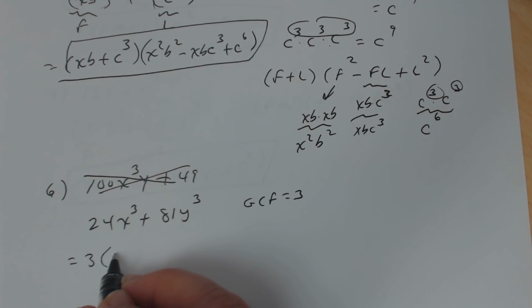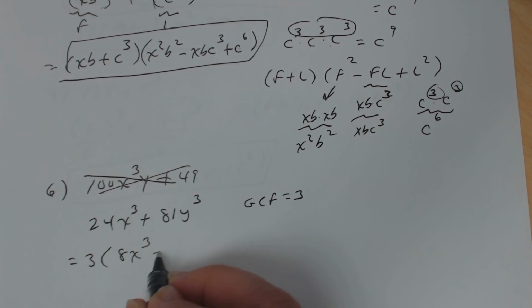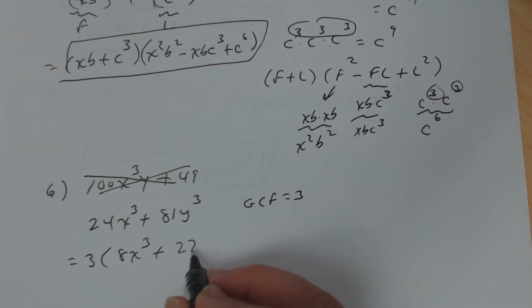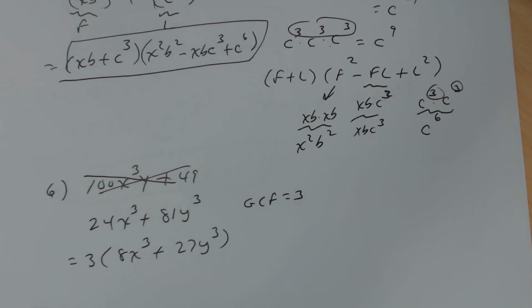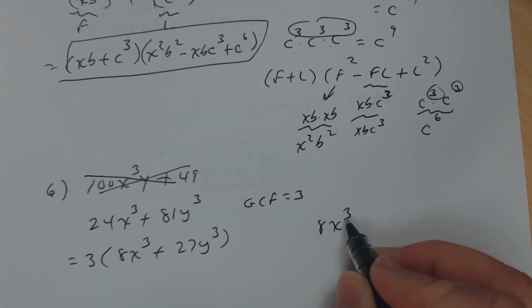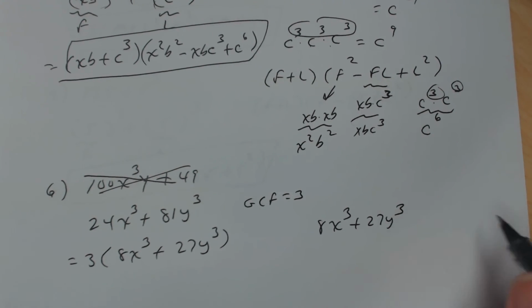So I get 3 times, and that's going to be 8x cubed plus 27y cubed, because 3 times 27 is 81. So let's go off to the side, and let's factor this part here. So 8x cubed plus 27y cubed.